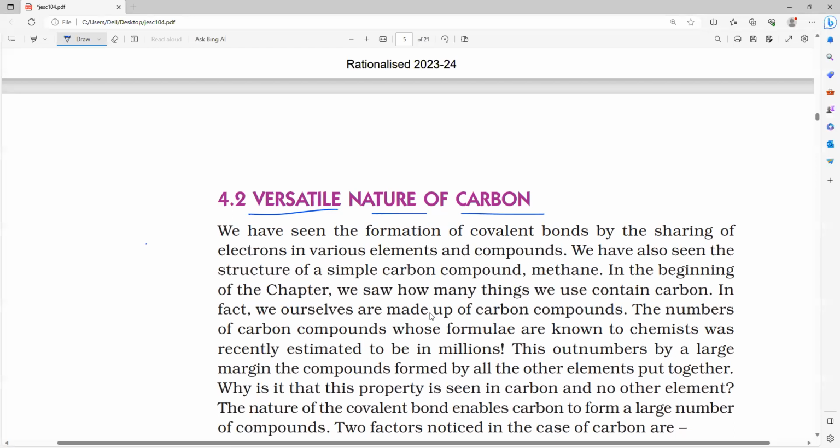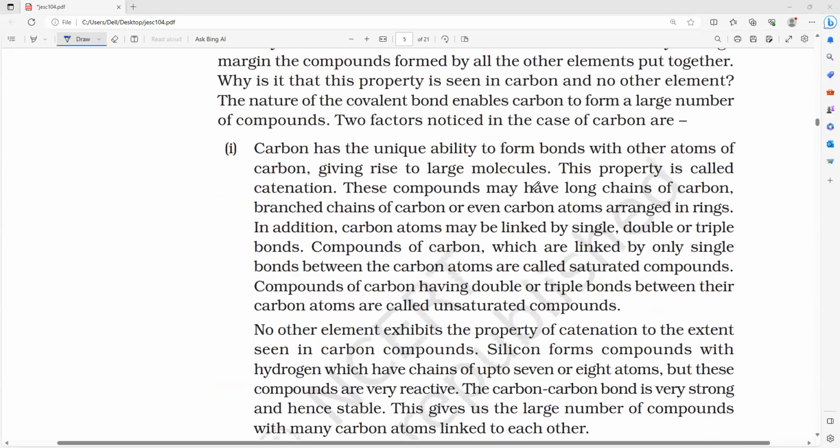Why, sir, does carbon have so much importance in our daily life? Because of the property called self-combination, which we call catenation. Catenation is an extremely special character of carbon, not shown by any other element in the universe.